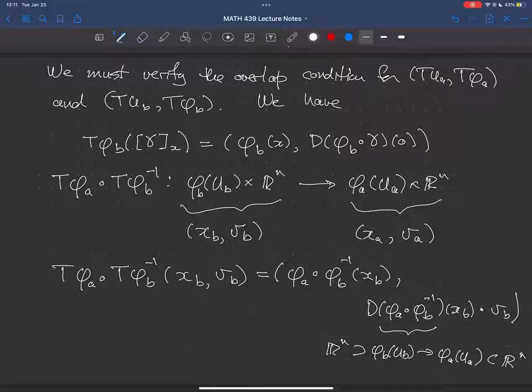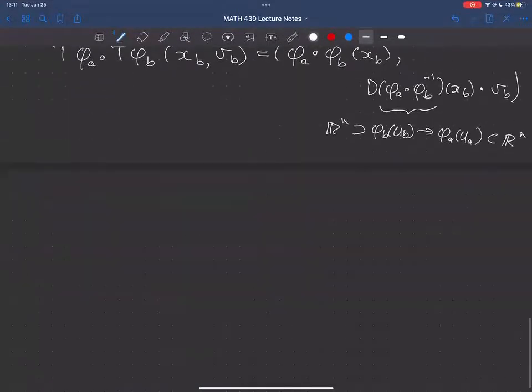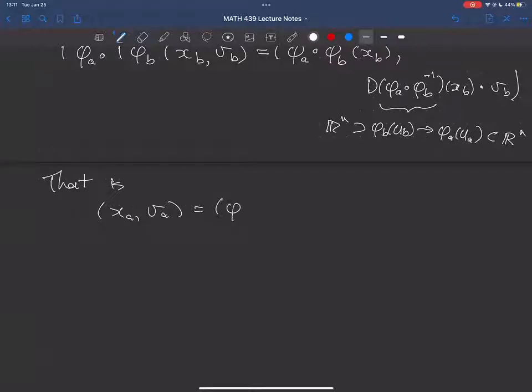All right. So in other words, what I get is that (X_A, V_A) is equal to phi A composed with phi B inverse of X_B, and then D of phi A composed with phi B inverse of X_B, matrix multiplication V_B.